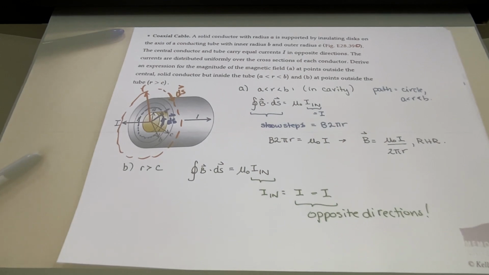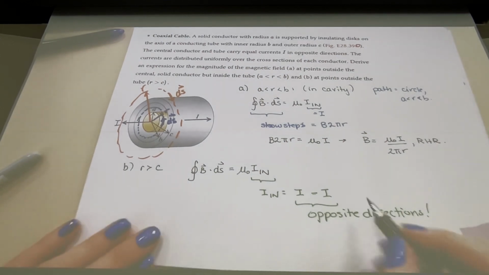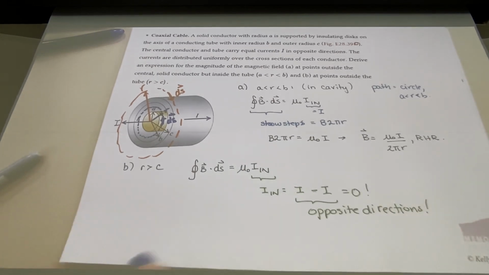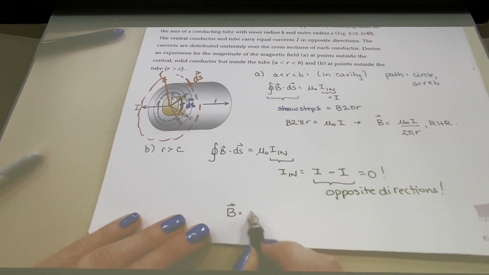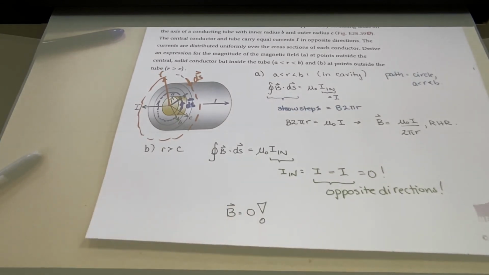Current I this way, current I that way; because you remember currents are really vectors, the total current is equal to 0. So the result is that outside the coaxial cable, B equals 0. That's why they use coaxial cables. You send high current through it, you get high magnetic fields, it messes with your electronics. So that's why we use these sorts of cables.